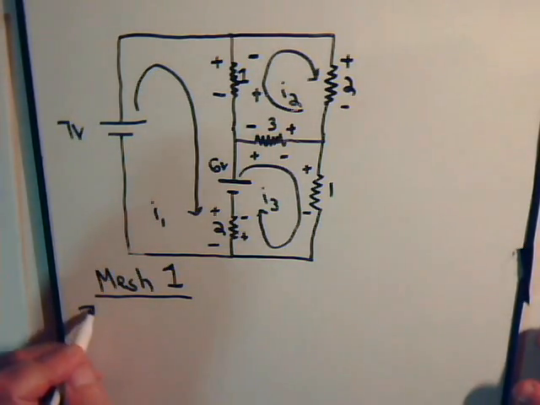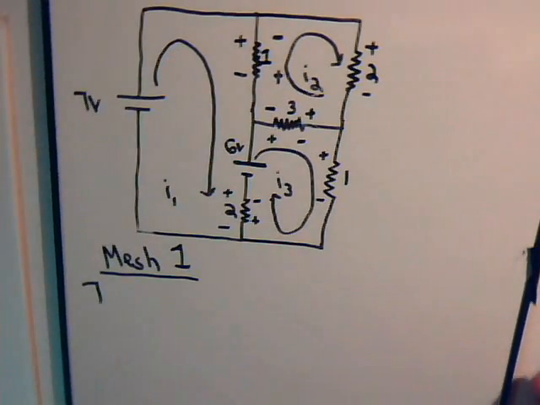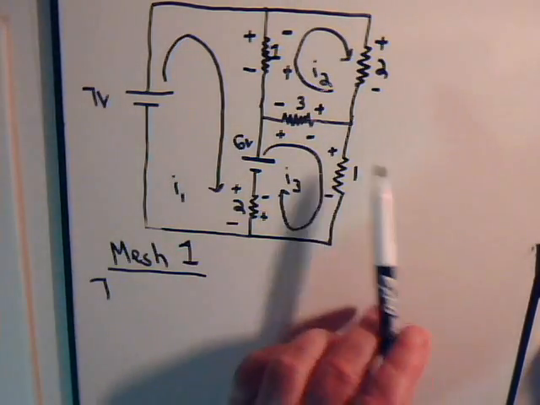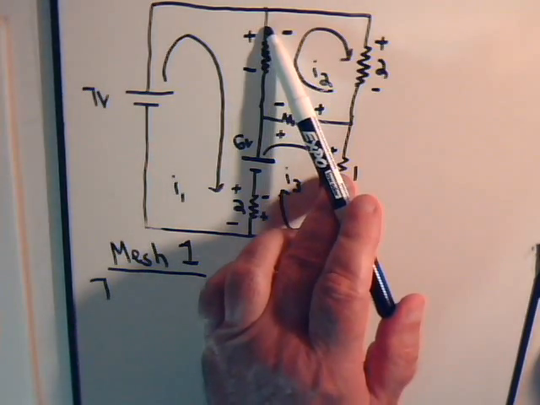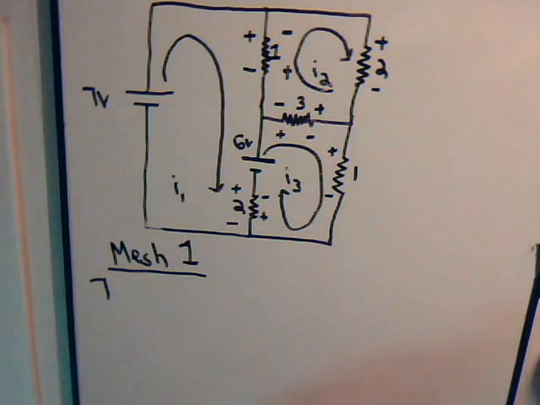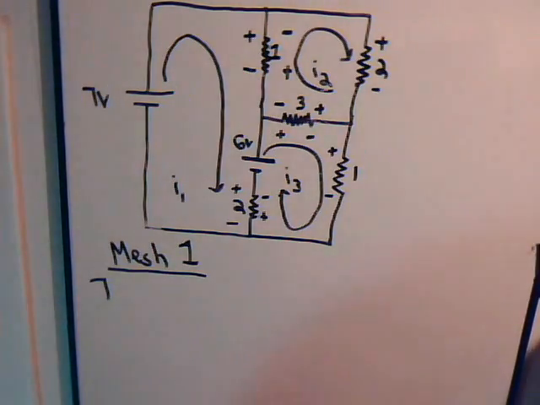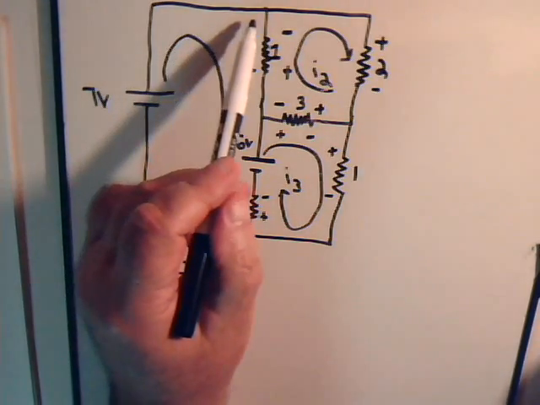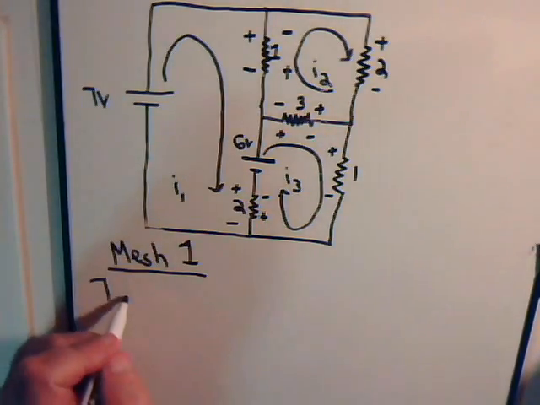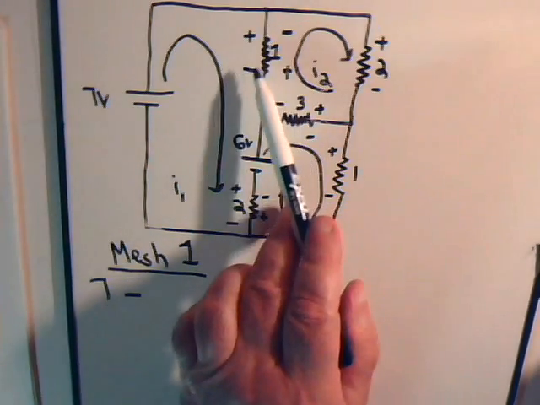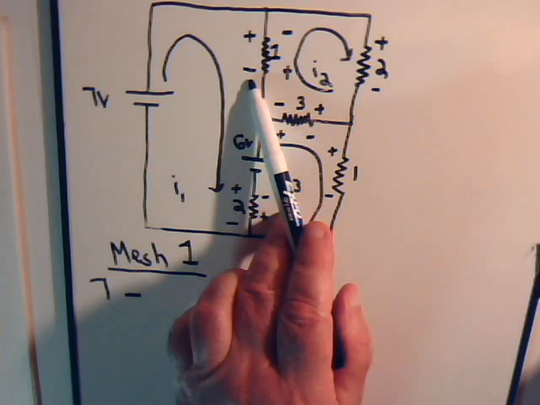And again, we're not going to write down the units, just the number. Now here we have I1 going through resistor number 1, with a plus minus, so we have a voltage drop across here.